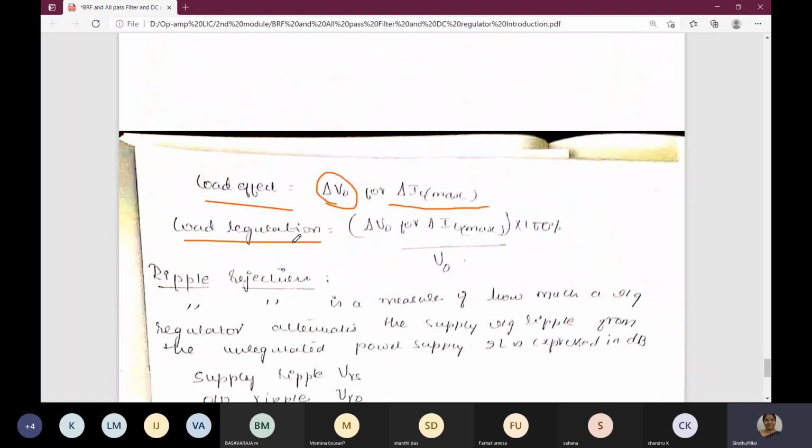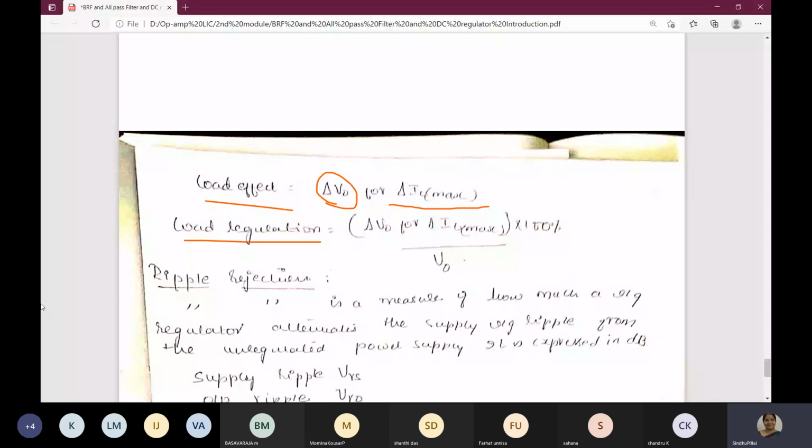Load regulation is this load effect divided by V naught, into 100%. So you can write line regulation and load regulation directly, or you can first tell what source effect and load effect are and then tell line regulation and load regulation.